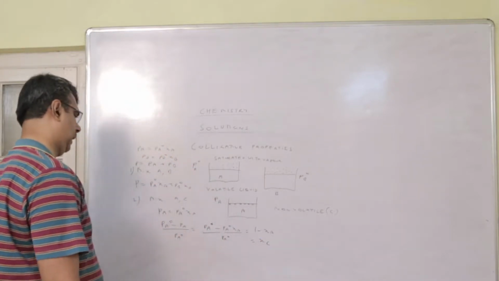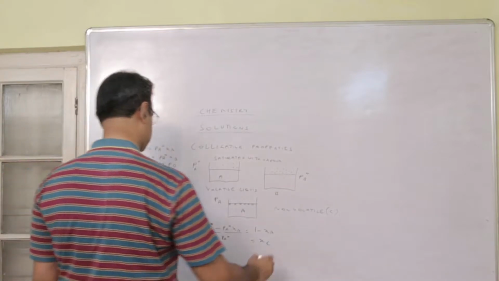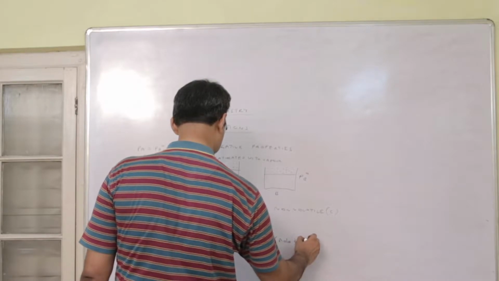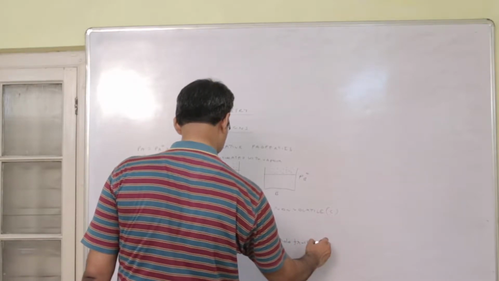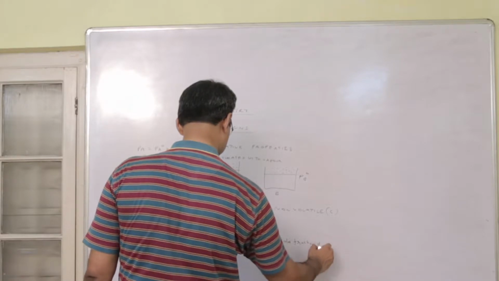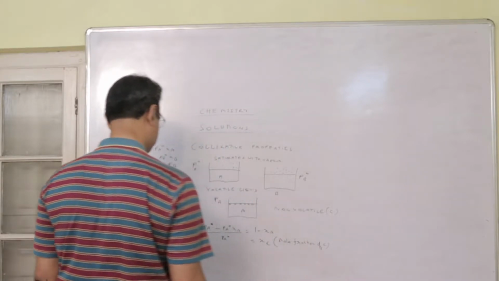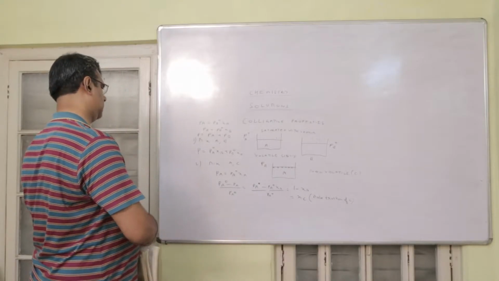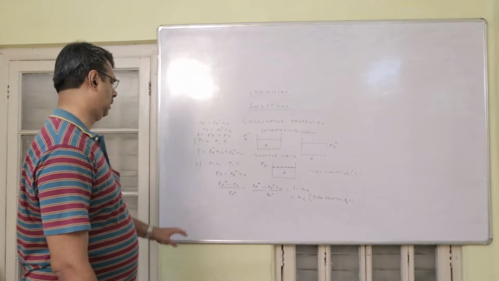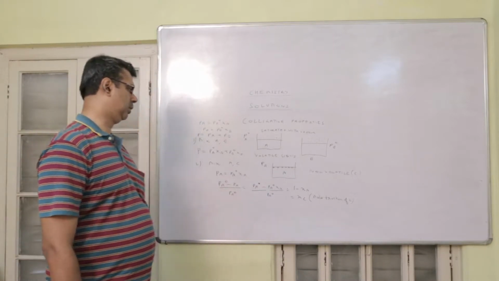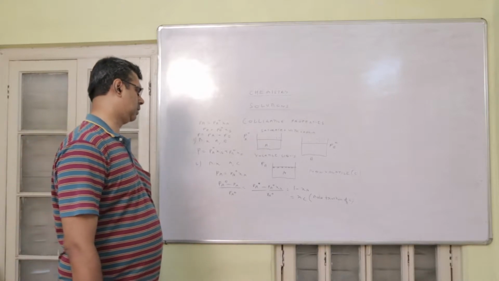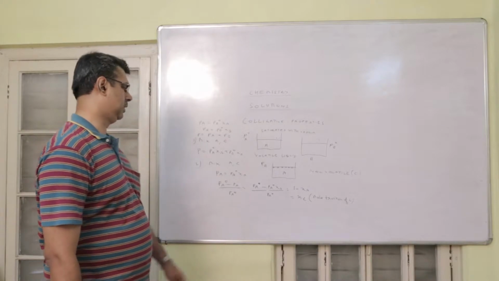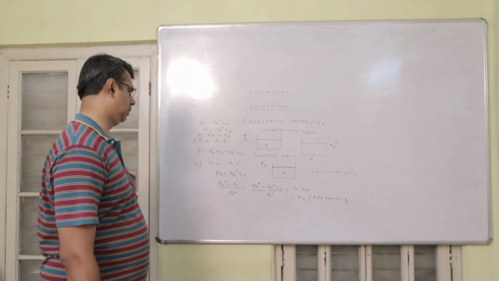So that is coming to XC. XC means mole fraction of C. Now this is known as Raoult's second law. When a non-volatile solute is mixed with a volatile solvent, the relative lowering of vapor pressure is equal to the mole fraction of the solute.